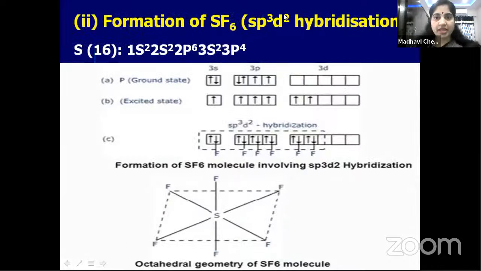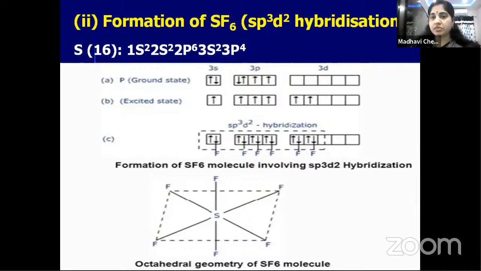Now coming to sp3d2 hybridization. In sp3d2 hybridization, children, one s orbital, 3 p orbitals, and 2 d orbitals overlap and undergo hybridization, and they form how many sp3d2 hybrid orbitals? 6 sp3d2 hybrid orbitals.